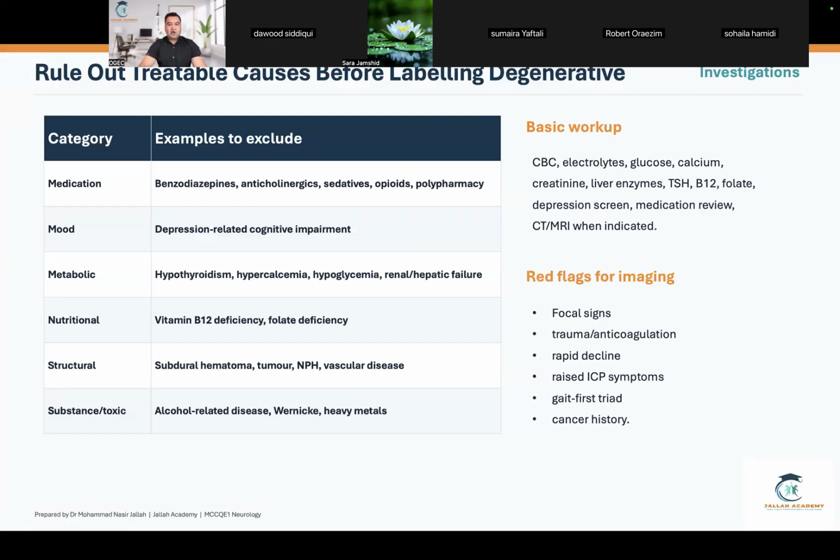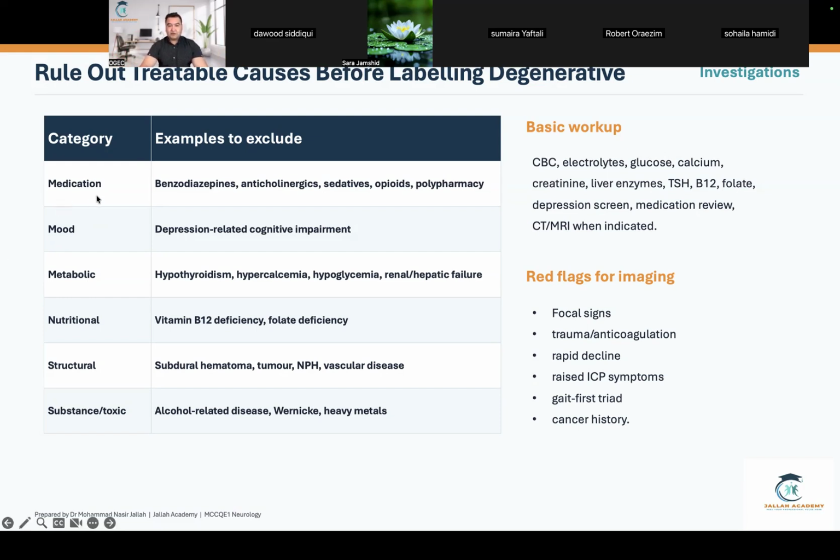Rule out treatable causes before labeling degenerative. So, what are the causes or conditions that can cause dementia, that we can have a solution for, or we can treat, and the dementia is going to be gone, or at least better.